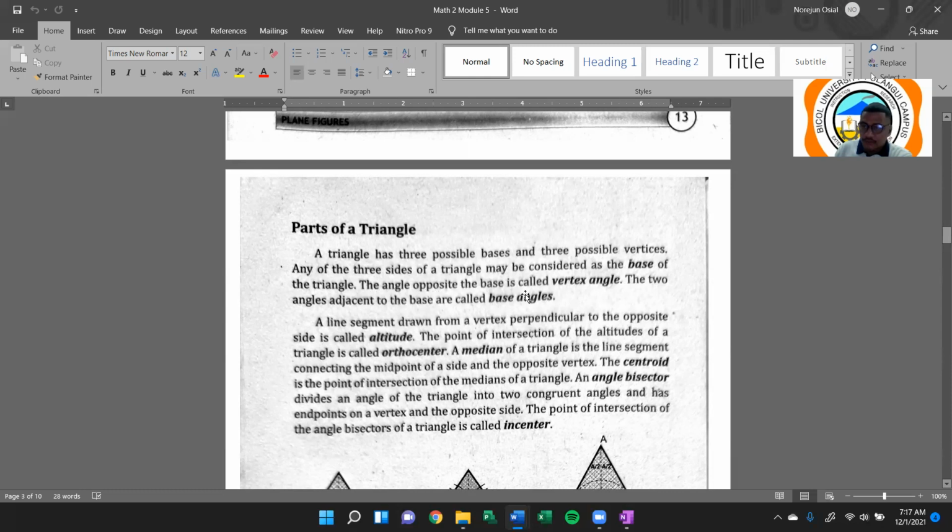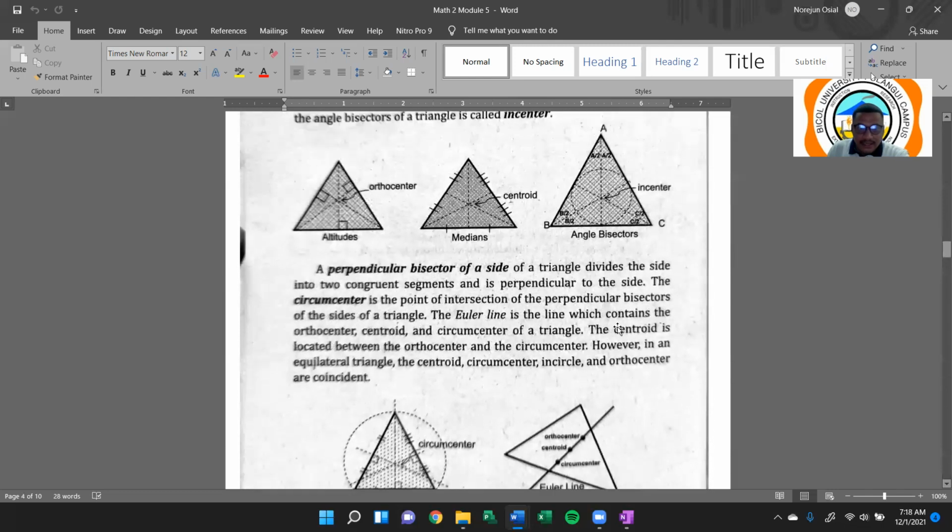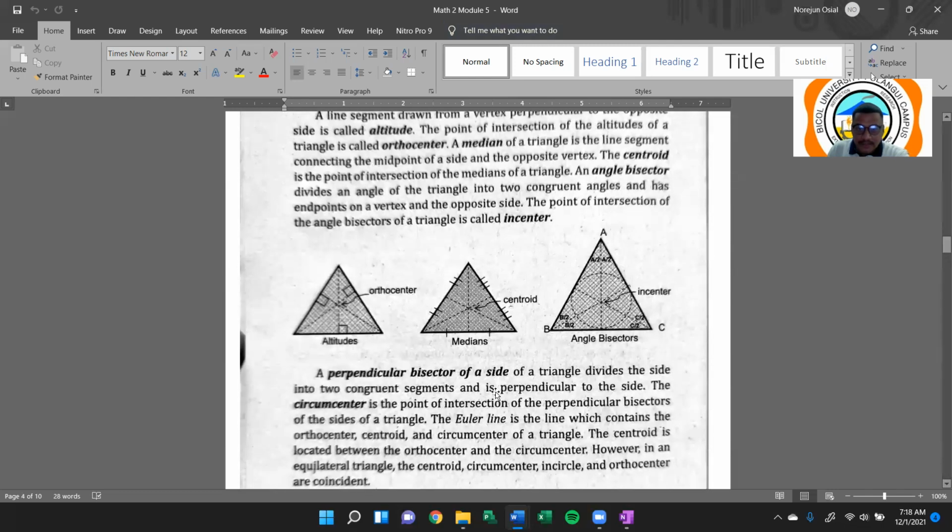Since this is in your module, you can just read this, class. I have given this to you, so just read your module first.